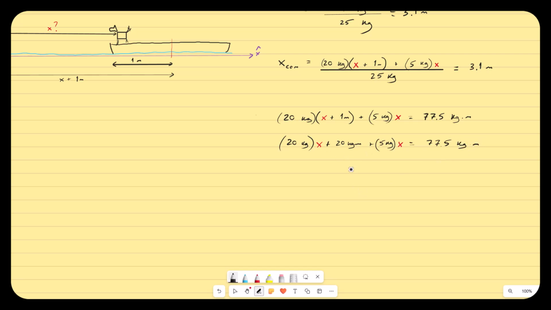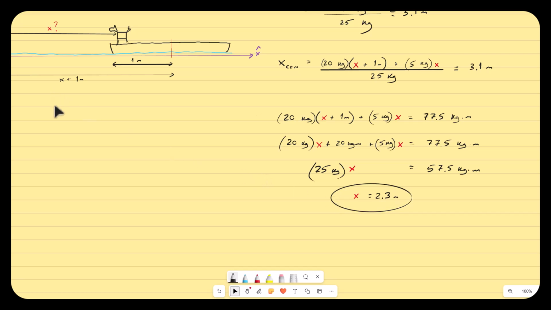I can combine these two terms and get 25 kilograms times X. I'm going to subtract the 20, so it equals 57.5 kilogram meters. And X is 57.5 over 25, which is 2.3.